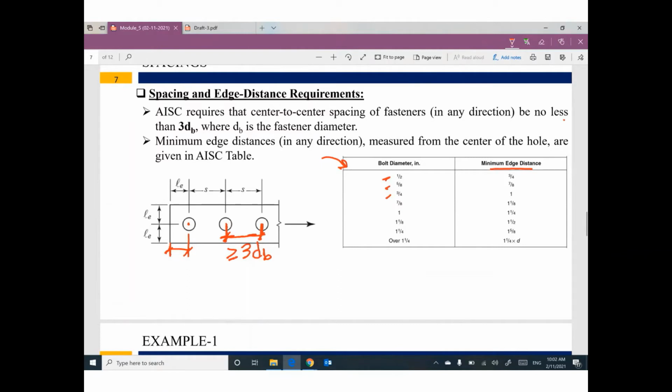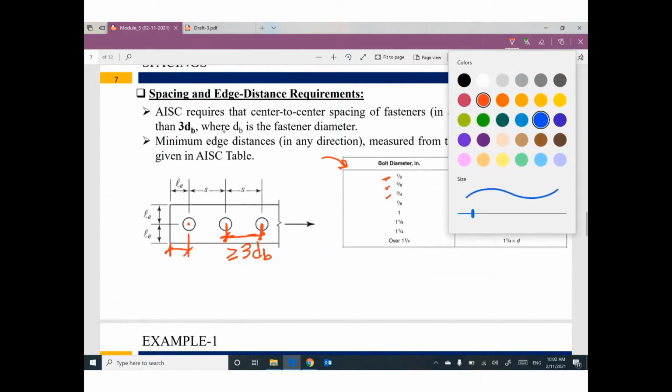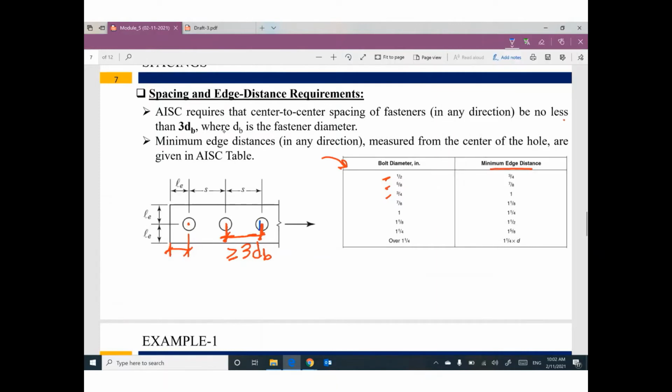So this slide shows you how you can arrange the bolts. We have the minimum spacing center line to center line. We have the minimum edge distance between the edge of the member and the center line of the last bolt. This minimum distance follows this table based on the diameter of the bolt.